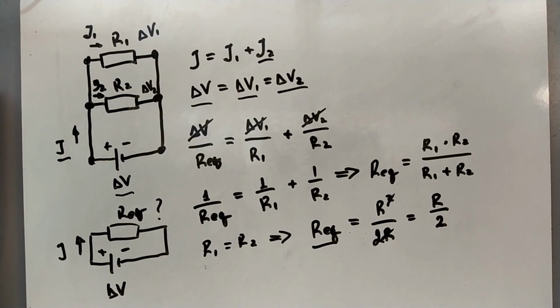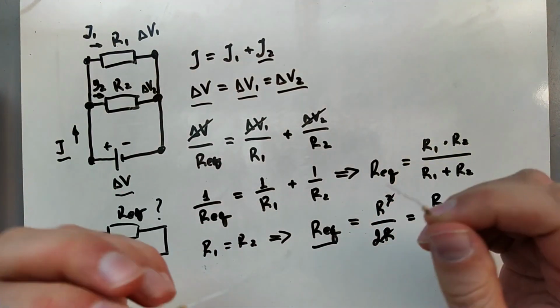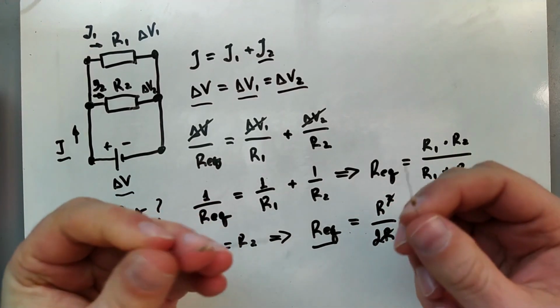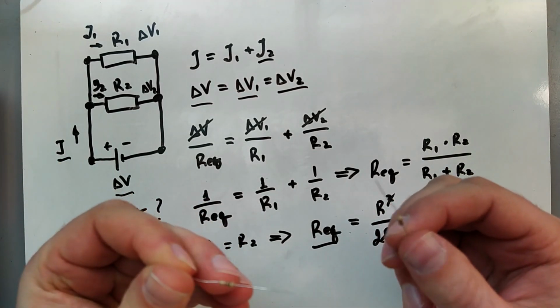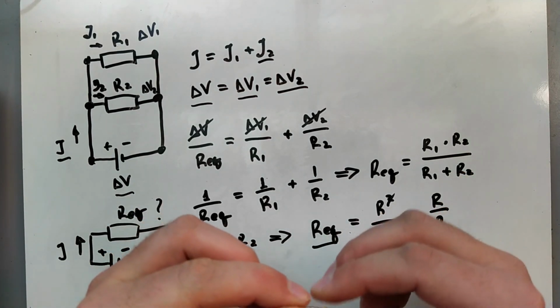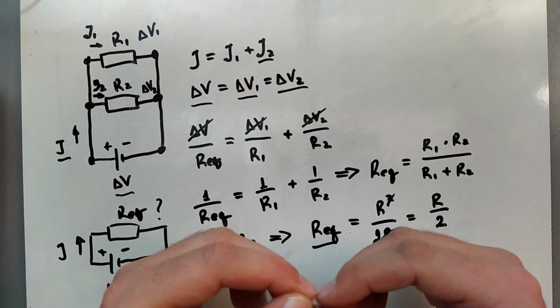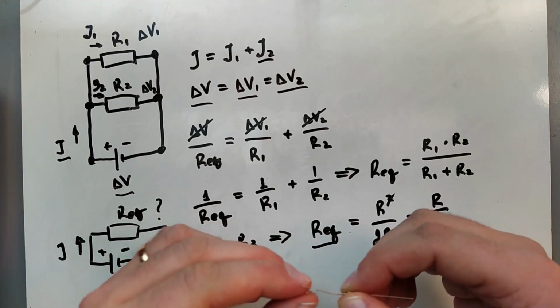So let us demonstrate this by repeating our previous experiment, but in this case we use the same two resistors. We know that each resistor is 1 kilo ohm, and now instead of connecting them in series, we can connect them in parallel.